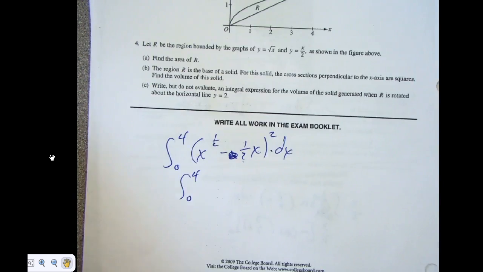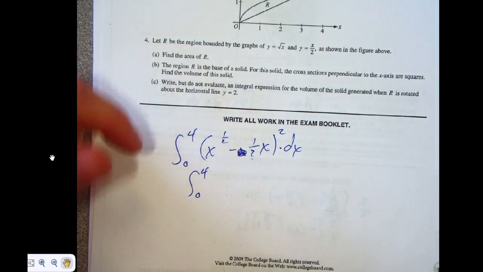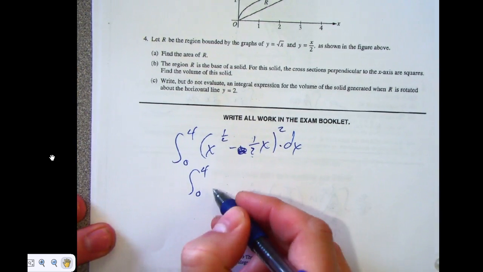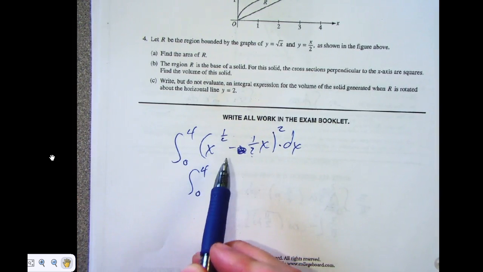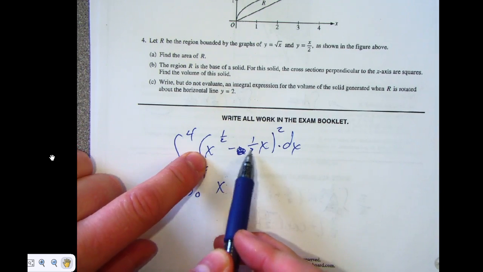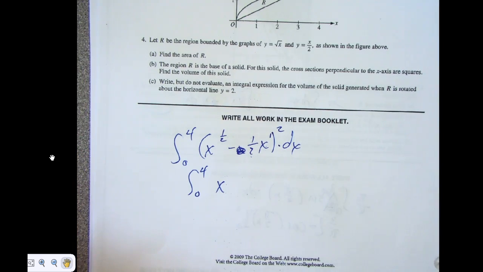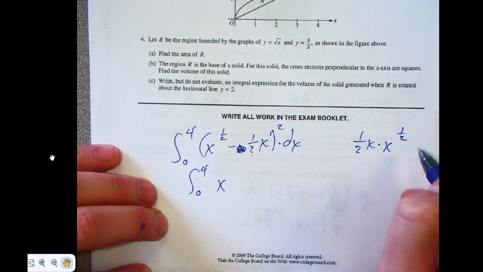So I could do that shortcut or I could foil. Do you care which? Is the shortcut okay? Alright. What's the first term squared? What's x to the 1/2 squared? X. Now I have to multiply the two terms together. So what's 1/2 x times x to the 1/2?